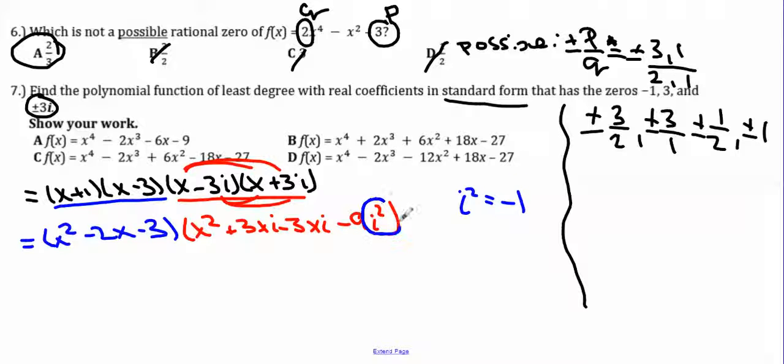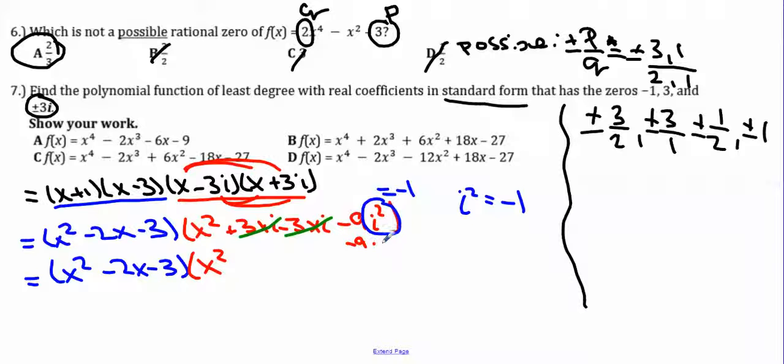So right here, that is going to equal negative 1. So I'm going to bring down my first factor, x squared minus 2x minus 3. And now, if you notice right here, we have the positive 3xi and the negative 3xi. That is 0. So now we no longer have imaginary numbers. So I have x squared. Now negative 9 times negative 1 is positive 9. So I have x squared minus 9.